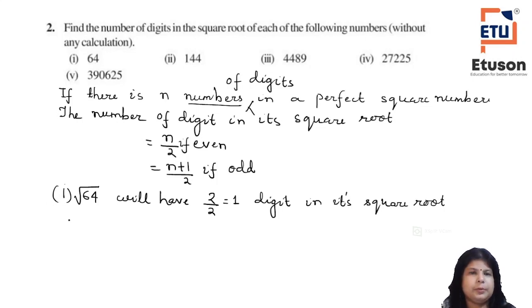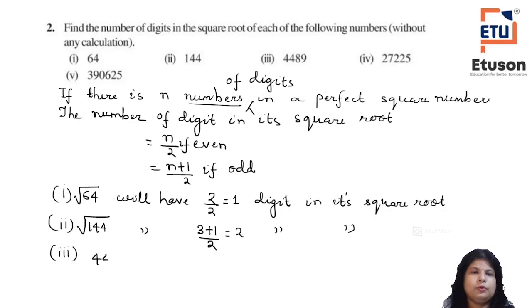So likewise we have to find out. Now the square root of 144 will have how many digits? 144 has 3 digits. So 3 plus 1 divided by 2, that is 2. So there will be 2 digits in its square root. Right? Now next is 4489. How many digits here? There are 4 digits. So you have n by 2, that is 4 by 2.